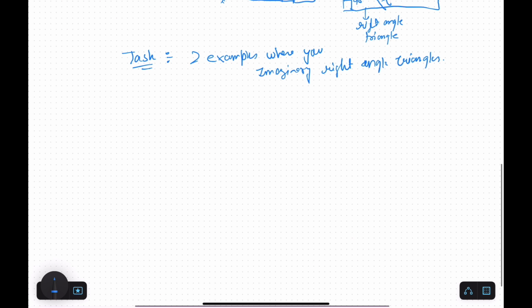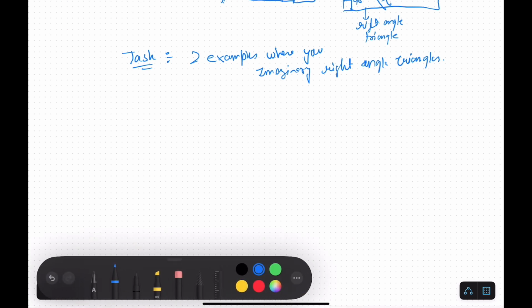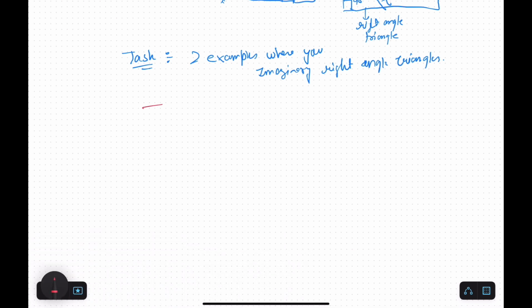So this is where trigonometry comes into play. What does trigonometry tell you?